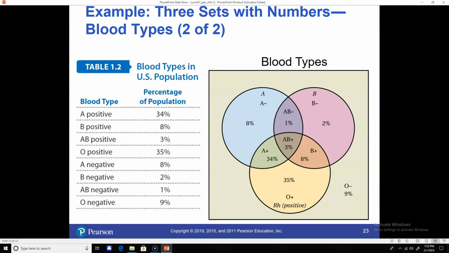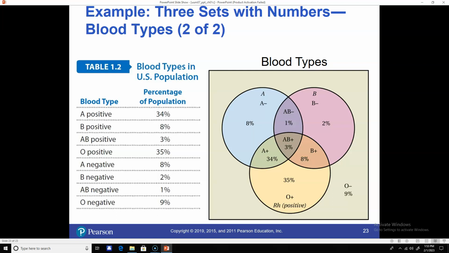The A positive, working outside, is the intersection of A and the Rh, the O positive, but it does not have any interaction with the B circle. Likewise, the B positive is the intersection of the B circle and the Rh circle without any interaction with the A. And then the AB negative is the intersection of the A and the B, but not interacting with the Rh circle.